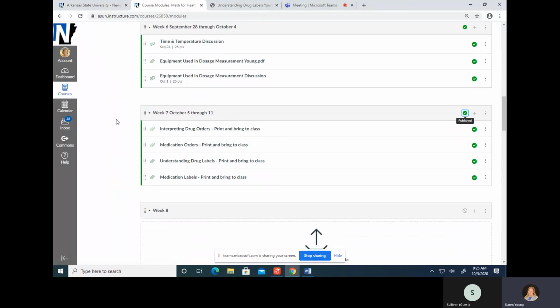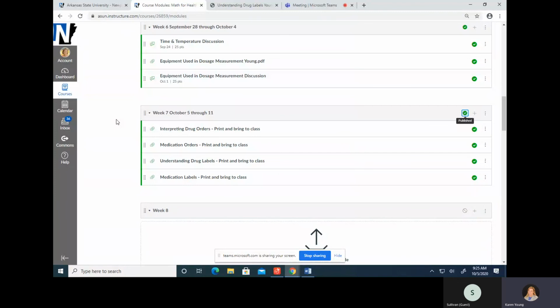Chapter 7 is the medication labels. Know your 7 parts of the medication order, and then identifying the parts of the drug label. So the name of the drug, I'll ask for a brand name, a generic name, dosage, a route. I asked for 5 things.